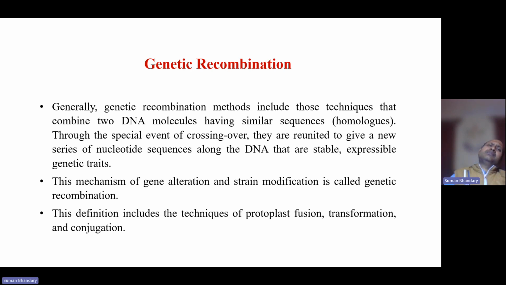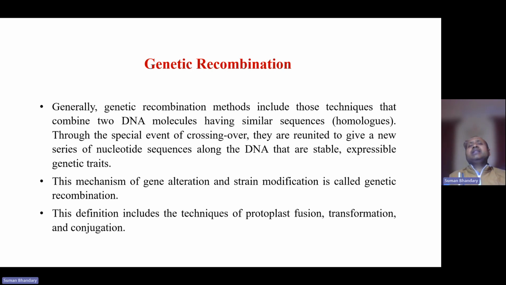Generally, genetic recombination methods include those techniques that combine two DNA molecules having similar sequences, that is, homologous to each other. Through the special event of crossing over, they are reunited to give a new series of nucleotide sequences along the DNA that are stable, expressible genetic traits.